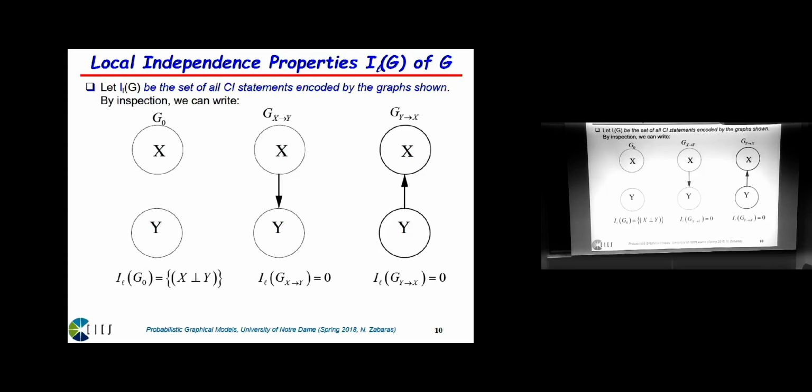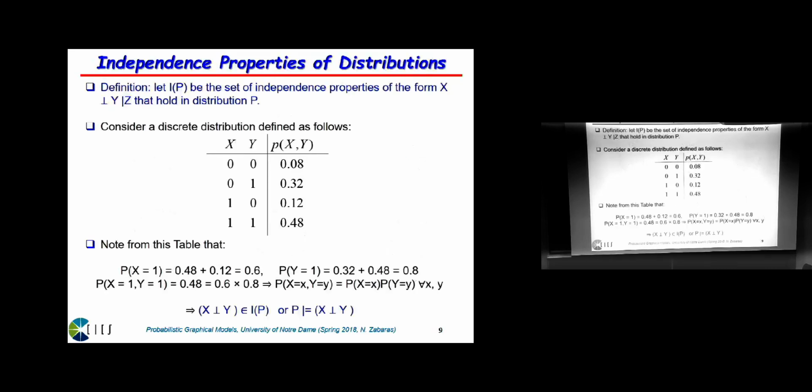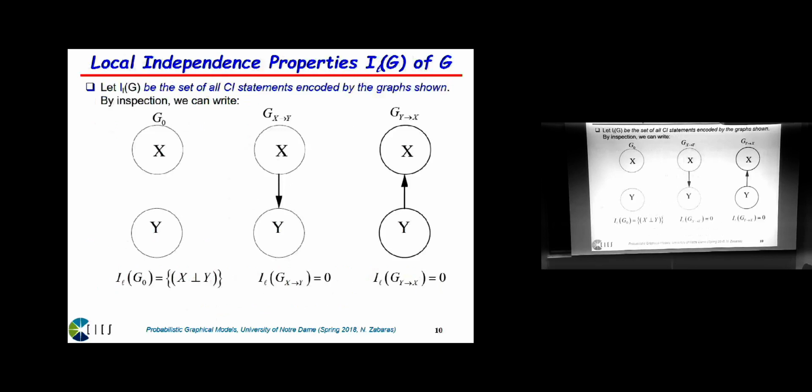So will you agree with me that all three graphs can be used as surrogates for the distribution P? Remember, P has this property. All right? Now, can I use all of these three graphs to represent the distribution P?